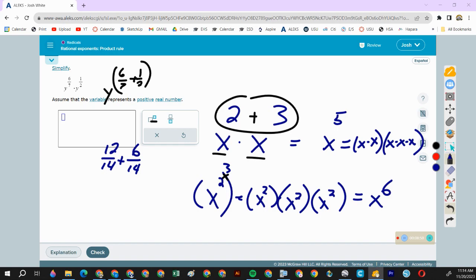Did I do that wrong? Oh, 7, thank you. So we get y to the 19 over 14. This is called the product rule. If the bases match and you multiply them together, you add the exponents.